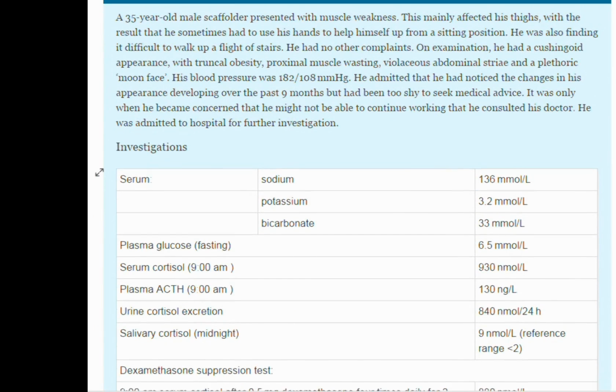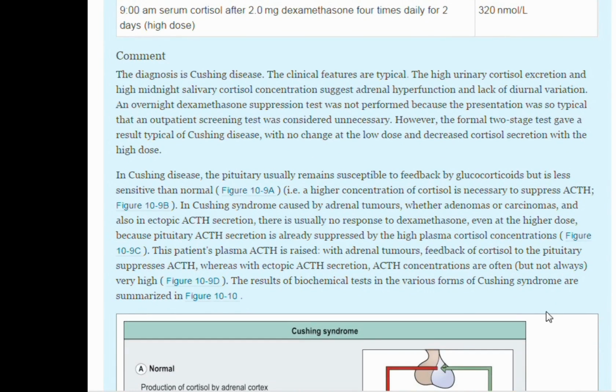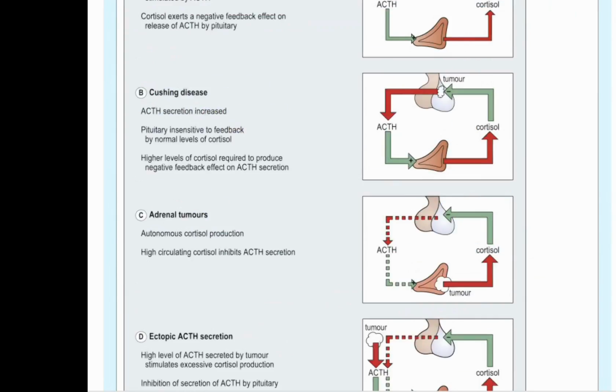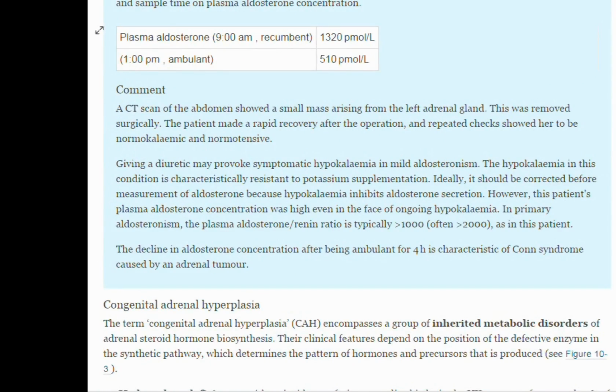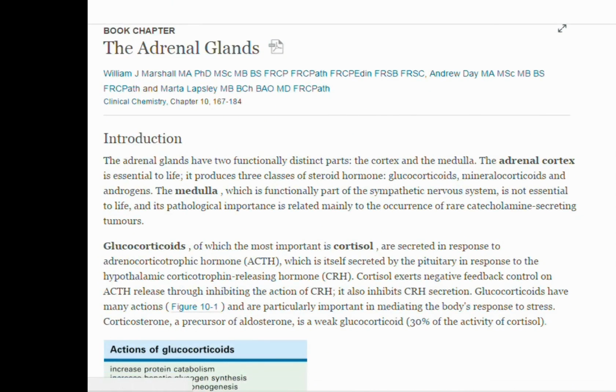You've got some laboratory results there, and you have to comment on them, and obviously the comment is provided for you from the book. So these are just typical examples of the types of things that you are likely to expect.